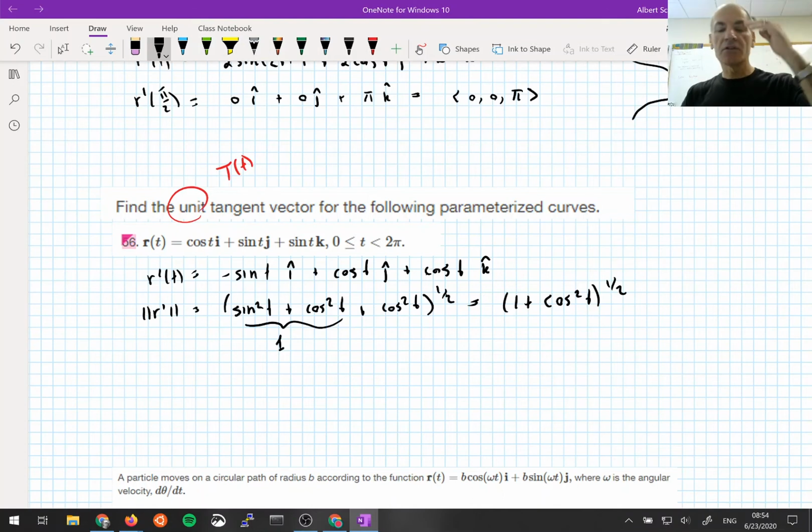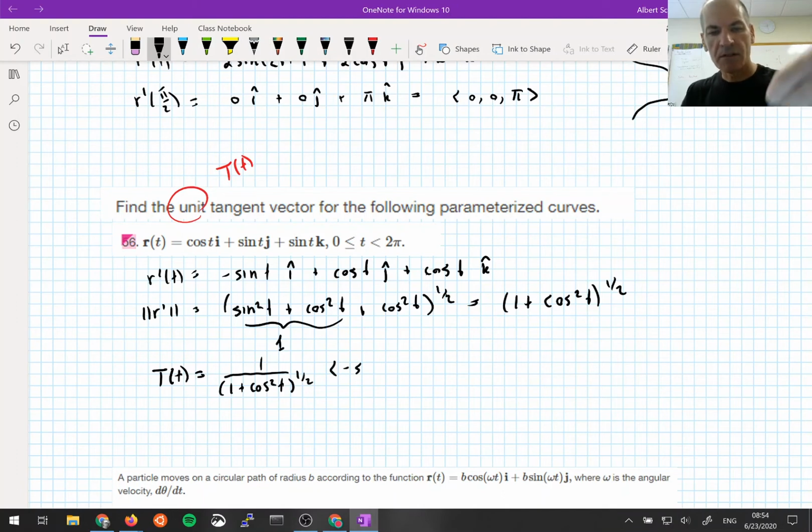And there's not really much further simplification you can do with that. Finally, the unit tangent vector, capital T, is what I get by dividing r prime by the magnitude of r prime. And I'm just going to put it out front. 1 over the square root of 1 plus cosine squared t times the vector minus sine t, cosine t, and cosine t.